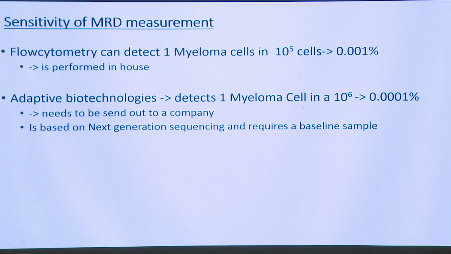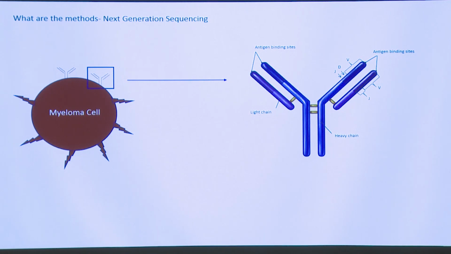Just a few words, a few slides on this other method. It's essentially a very different approach, a different technique that requires a baseline sample, and I'll show you why. Again, this test goes back to the antibody we have on the myeloma cell. Now, the Adaptive Biotechnologies approach is such that it traces the DNA of the myeloma cells that is responsible for producing the antibody.